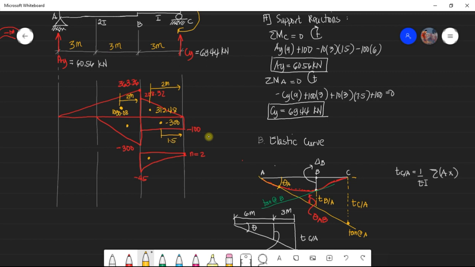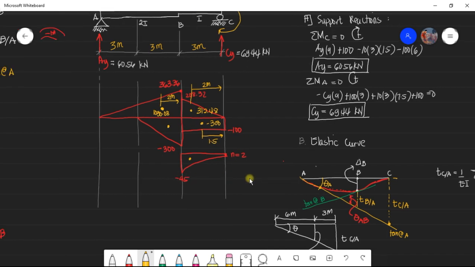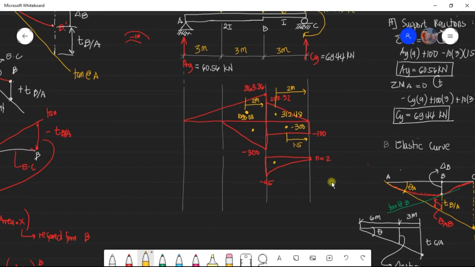Ito naman, balik lang tayo sa formula. Meron tayong formula for spandrel. Ito yung height, ito yung base ng spandrel.